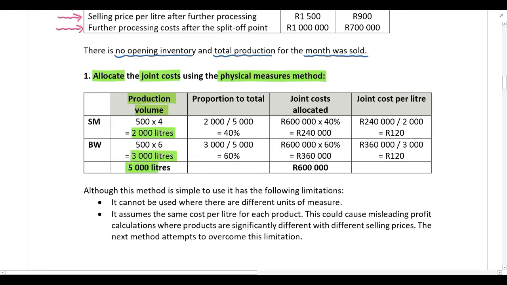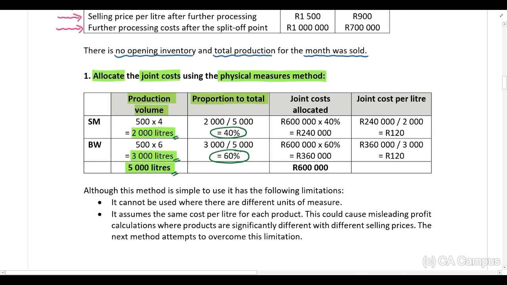Calculate the total production volume, because we need to calculate a proportion to the total. Or in other words, we need to calculate the percentage for SM and the percentage for BW. So for SM, we say 2,000 litres divided by 5,000 litres, that gives us 40%. For BW, we say 3,000 litres divided by 5,000 litres, and that gives us 60%.